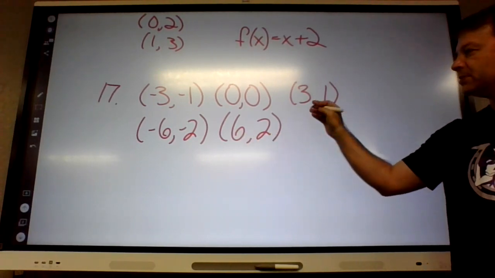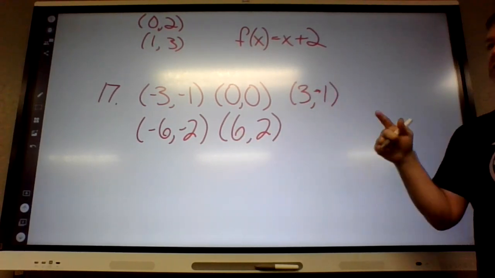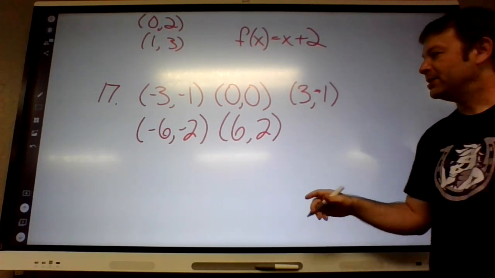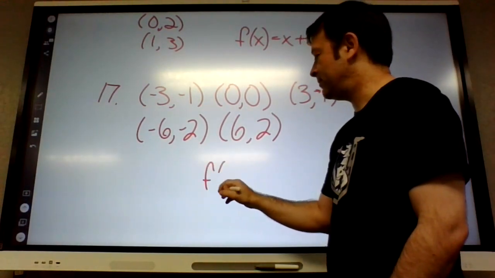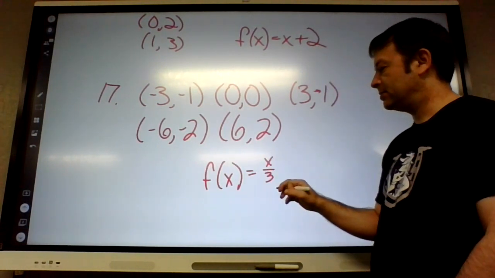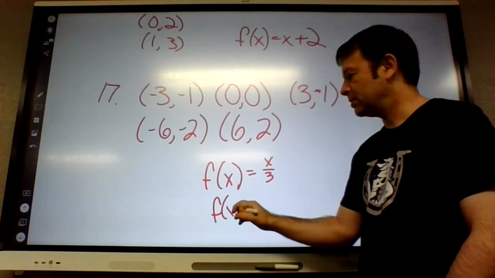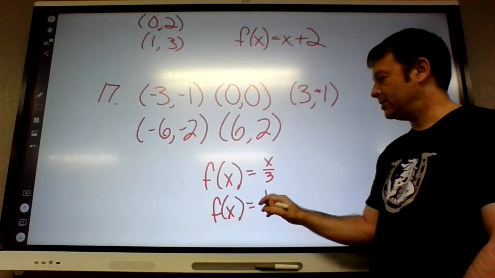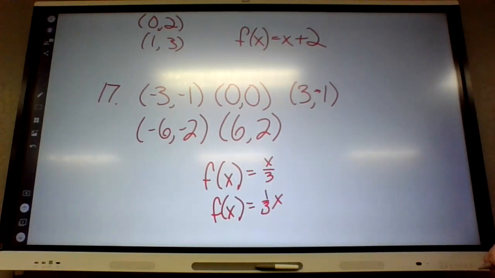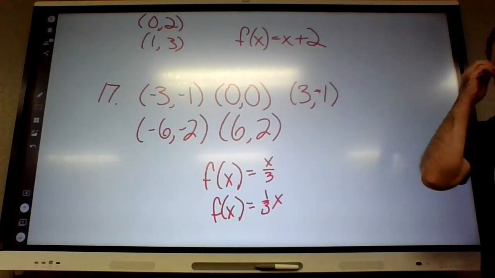It's like times 1/3 or something. Yeah. You could say times 1/3 or divide by 3. So how would you write divide by 3? You can do it like that. Or times 1/3 would look like that. Yeah, those are both good.